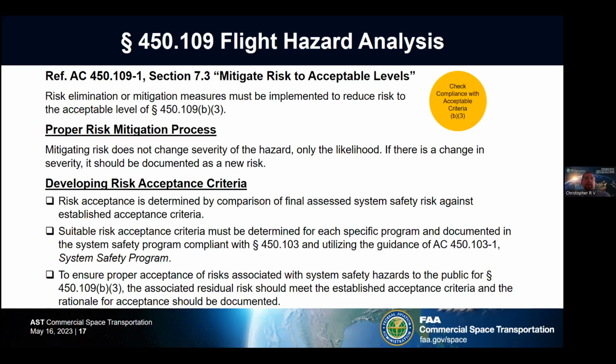To ensure proper acceptance of risk associated with system safety hazards to the public, the associated residual risk should meet the established acceptance criteria, and the rationale for acceptance should be documented.